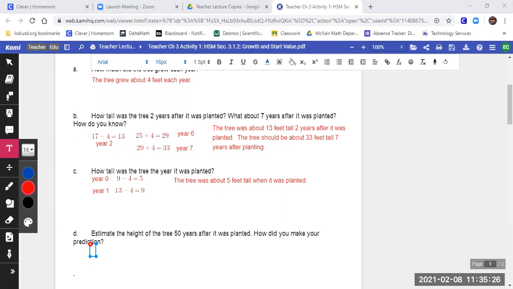About how tall do we think the tree is going to get by the 50th year after planting? This is just an estimate. We don't need to know the exact number. So what are we going to say about how tall do we think it's going to be? Without doing any calculations, about how tall do we think it's going to be when it's growing 4 feet each year?